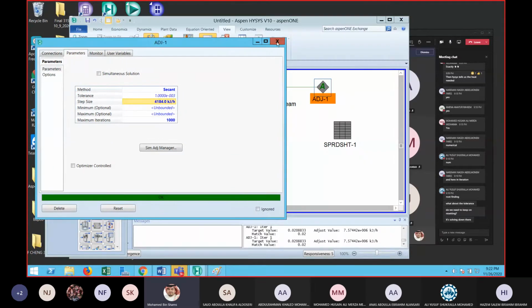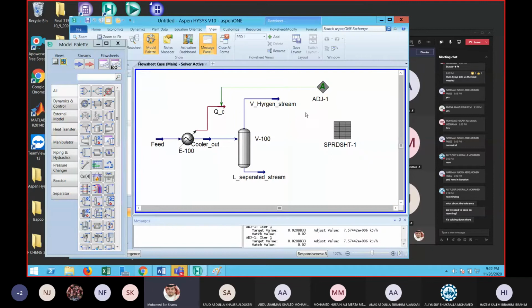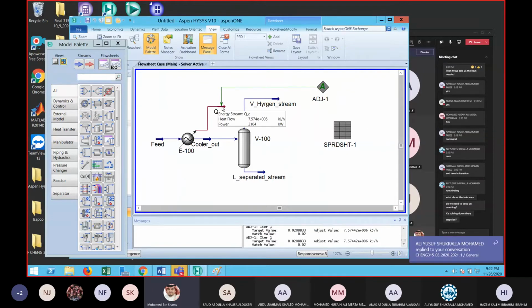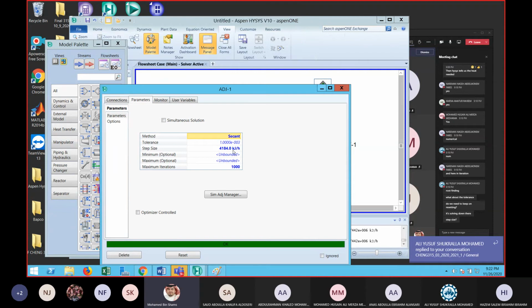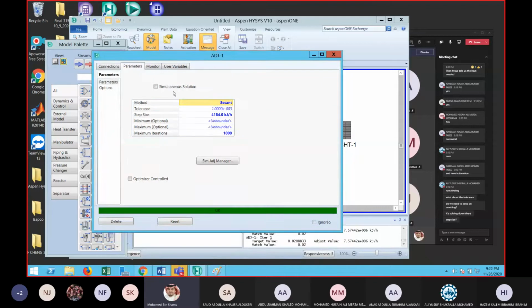Now let's see what we got here. So the adjust should now give us Q. The step size speeds up the calculation, but even if you don't know it, you have to keep resetting this until you get a solution, because you are solving a nonlinear problem, so sometimes it gets stuck at a local minimum.